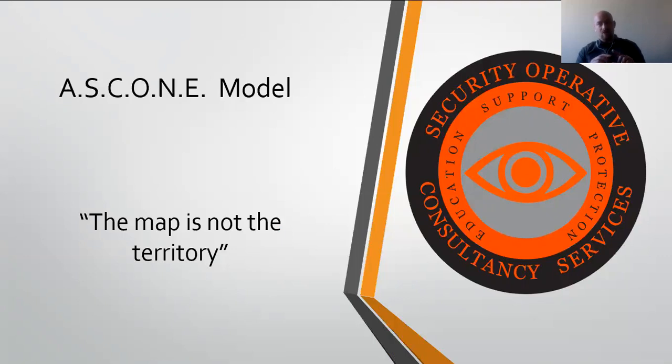If you take it outside of the crime of theft, or specifically shoplifting within the crime of theft, and take it out of context, it no longer works. Like I said, the map is not the territory. On the ground decision making is key. ASCONE as a model just supports that decision making. That's an important thing to differentiate when we're talking about the steps that we're going to try to follow.